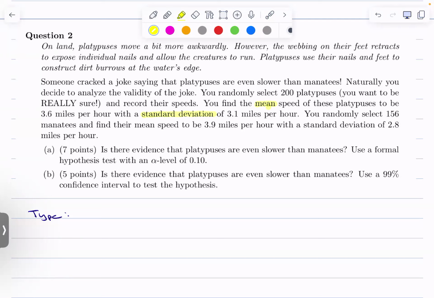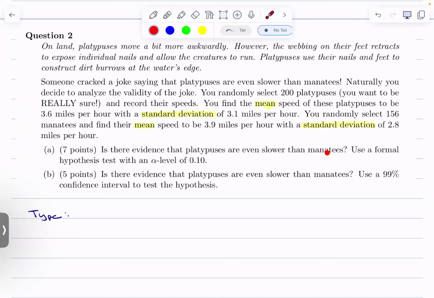So with these things in mind, I have 2 means and 2 standard deviations. I have 2 groups, and I want to compare their means, probably their mean speeds. In fact, is there evidence that platypuses are even slower than manatees?